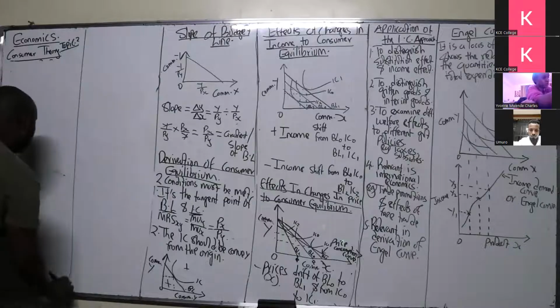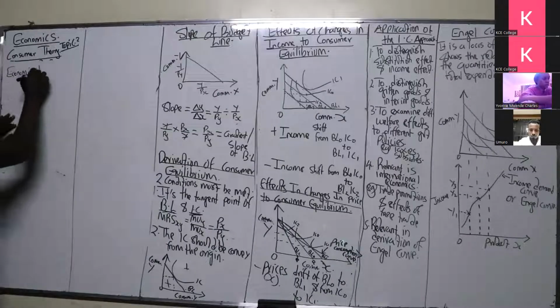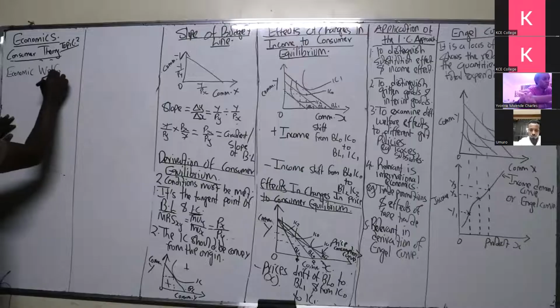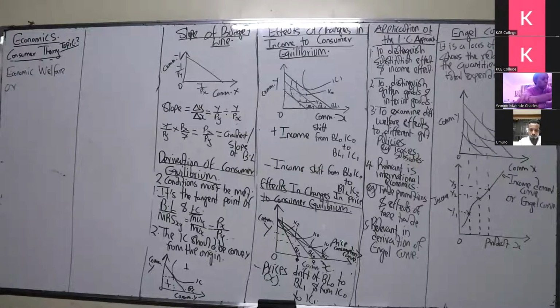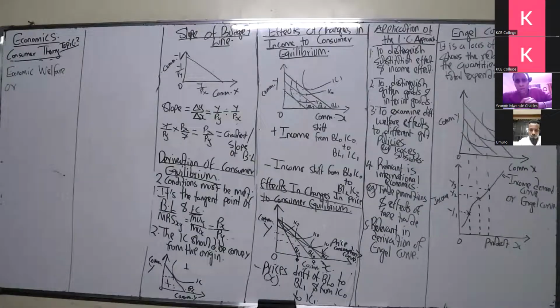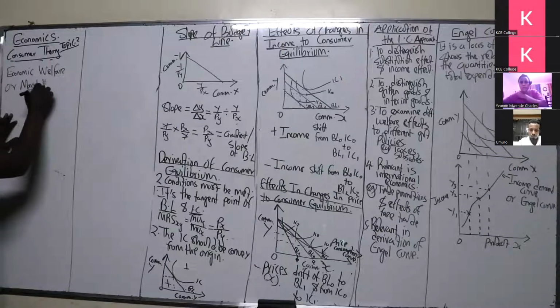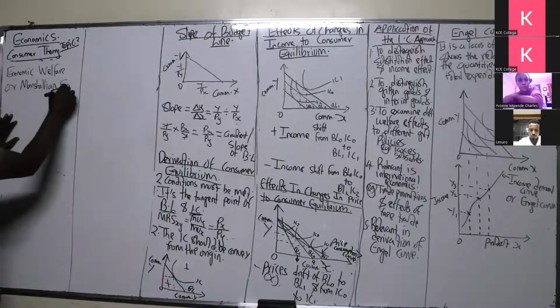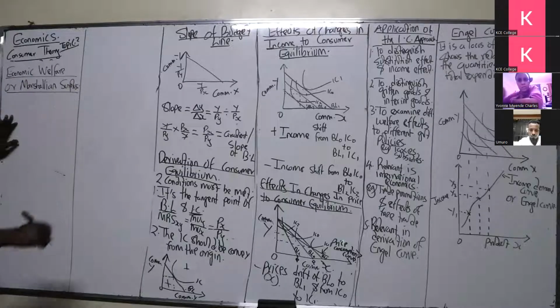The last bit of this topic is about economic welfare, or generally known as Marshallian surplus.